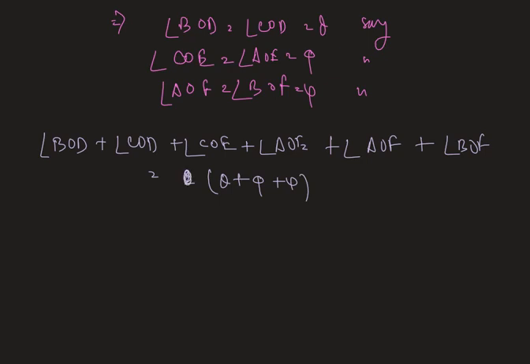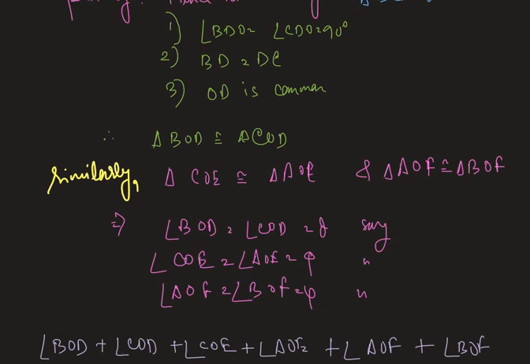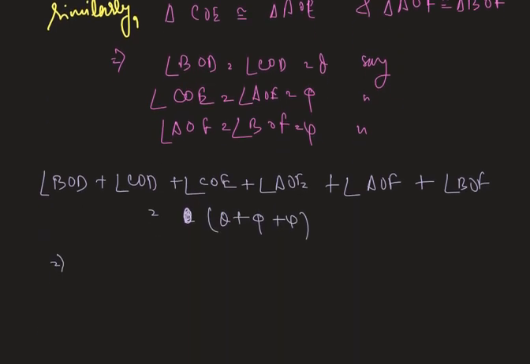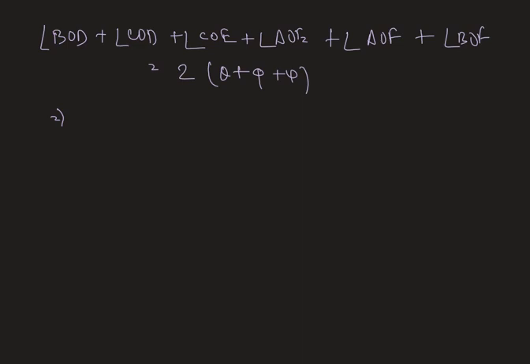Sorry for this inconvenience. Therefore we can say that 2 into (theta plus phi plus psi) is equal to 2 pi, and then theta plus phi is equal to pi minus psi.